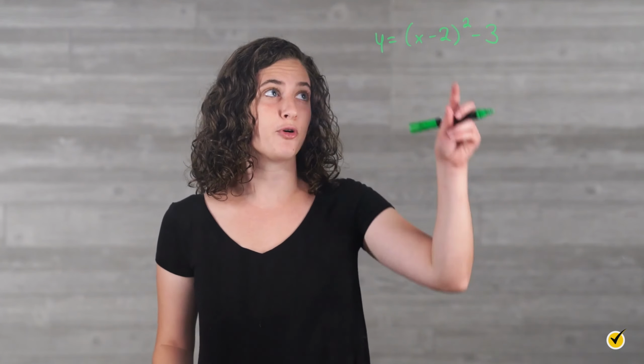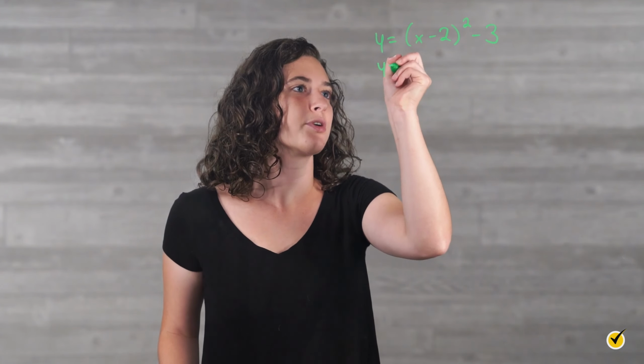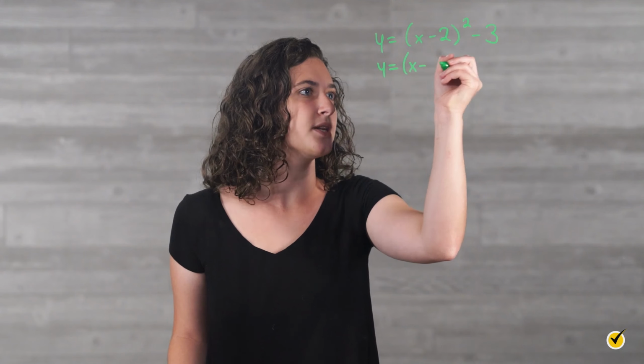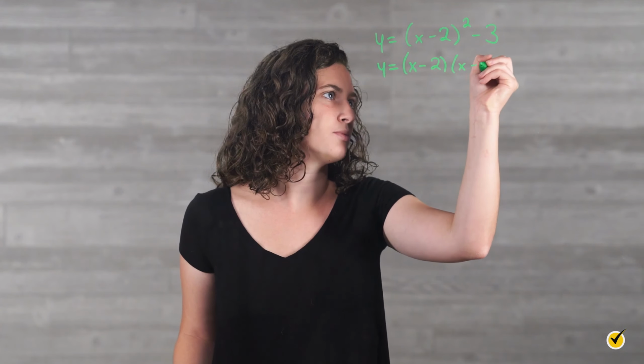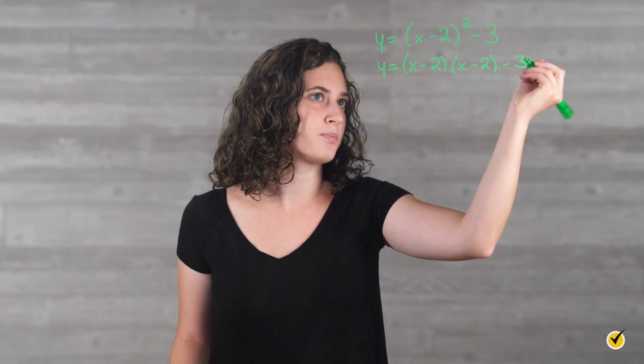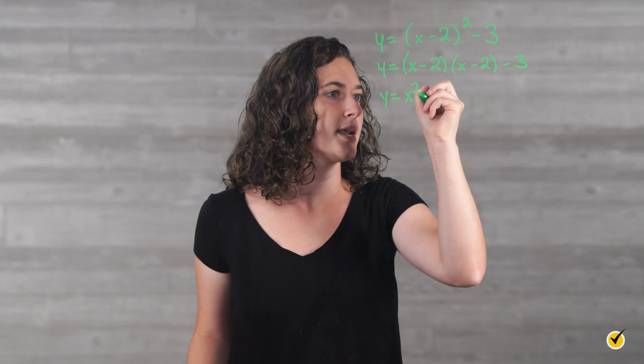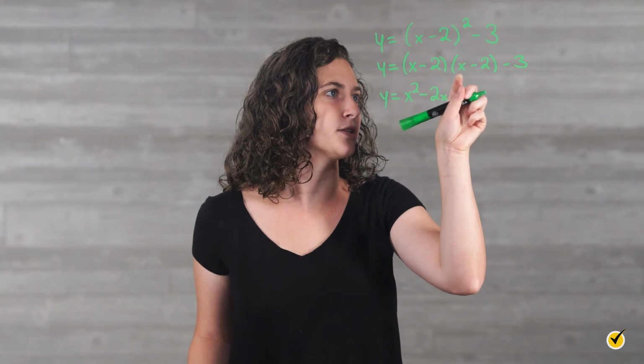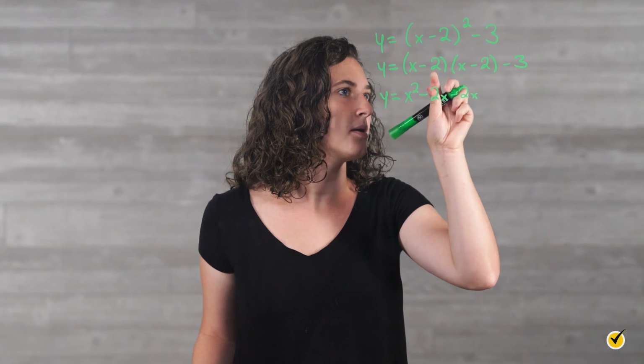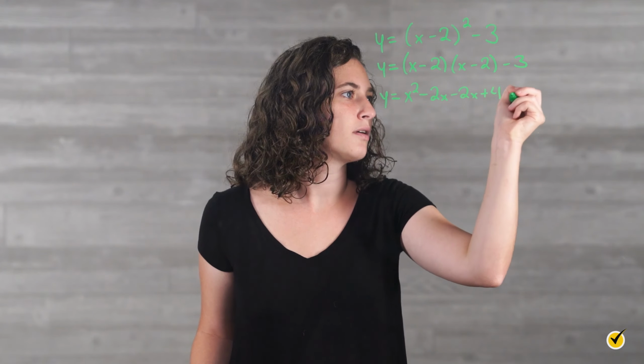So we're going to start by FOILing out the squared portion. We're going to start by rewriting it as (x - 2)(x - 2) - 3. And then if we FOIL this, we'll get y = x² - 2x - 2x + 4 - 3.